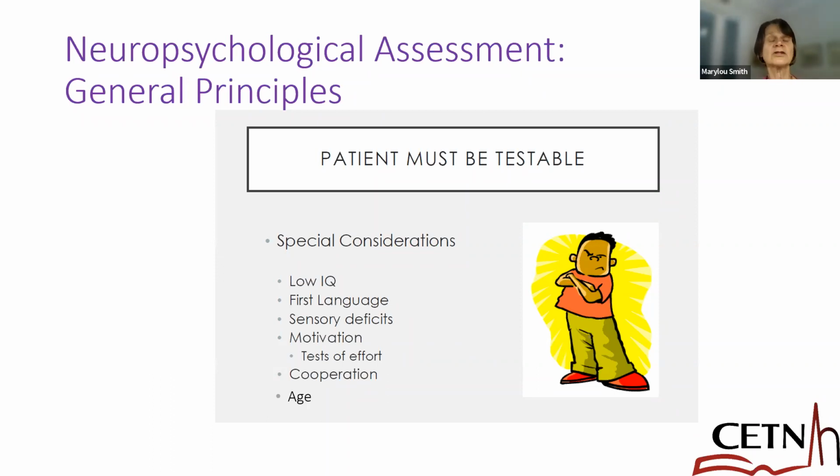We have to be aware of sensory deficits like visual or auditory impairments. We need to ensure that the patient is well motivated, although we can use tests of effort to determine whether or not this is the case. We would like a patient who's able to cooperate with the assessment. And then obviously the age is important, because what you can do with, say, a child who's 6 months of age is very different from what you're going to be able to do with an 18-year-old or a 40-year-old.